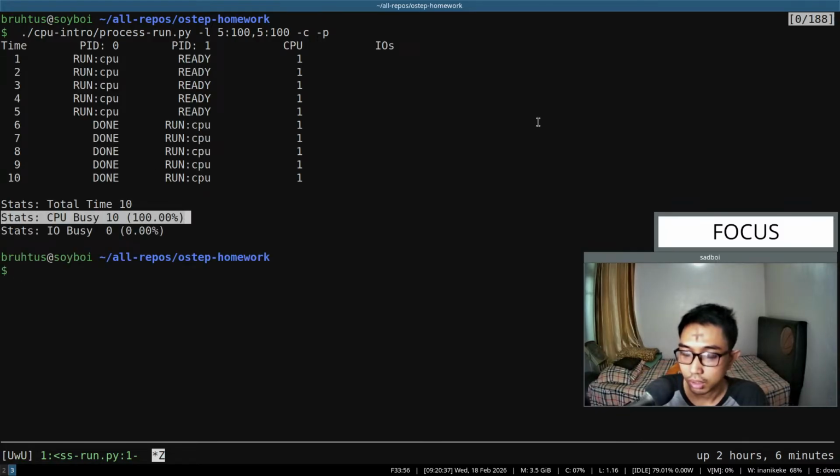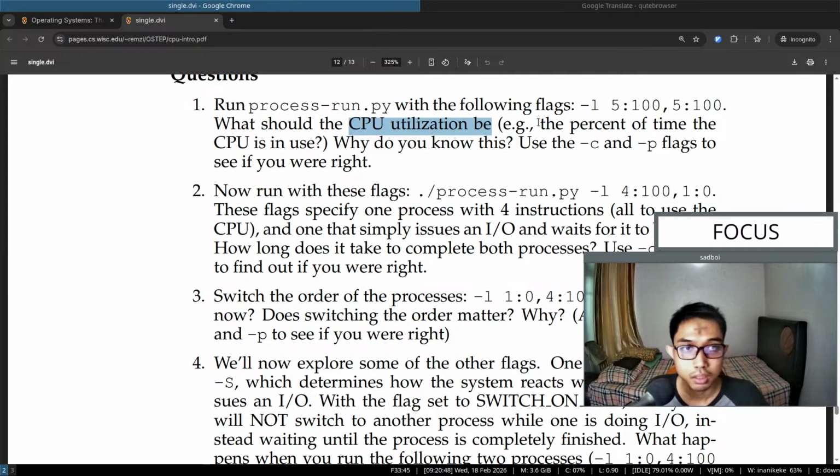Right, it's 100% because we are only using the CPU without input output. Okay, why do you know this?